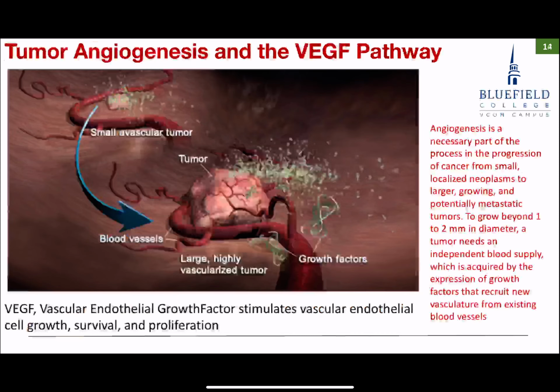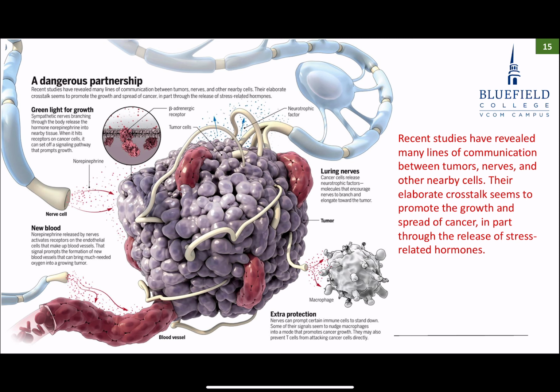So this is the tumor, and you can see the red structure here is the blood vessel. So the tumor recruits these blood vessels. But here's another striking thing, a discovery of the last 2 or 3 years, and it's really mind-blowing. Turns out that there is some crosstalk, some communication, not just between tumors and blood vessels, but between tumors and nerves.